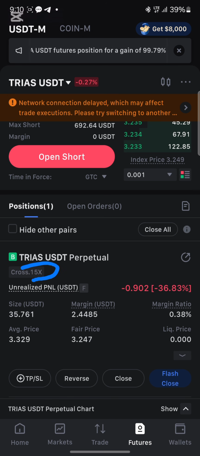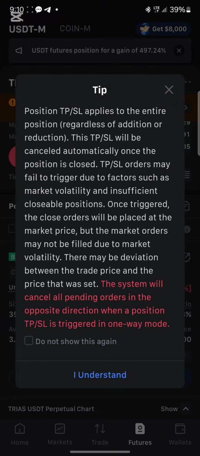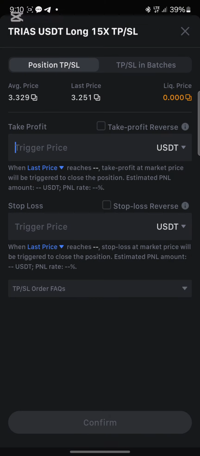If you remember, I did not set my TP, that's my take profit, or stop loss, when I started the setup for the trade. If you still want to do that, you click on this place to add your TP. Once you agree, you'll be able to input your take profit.